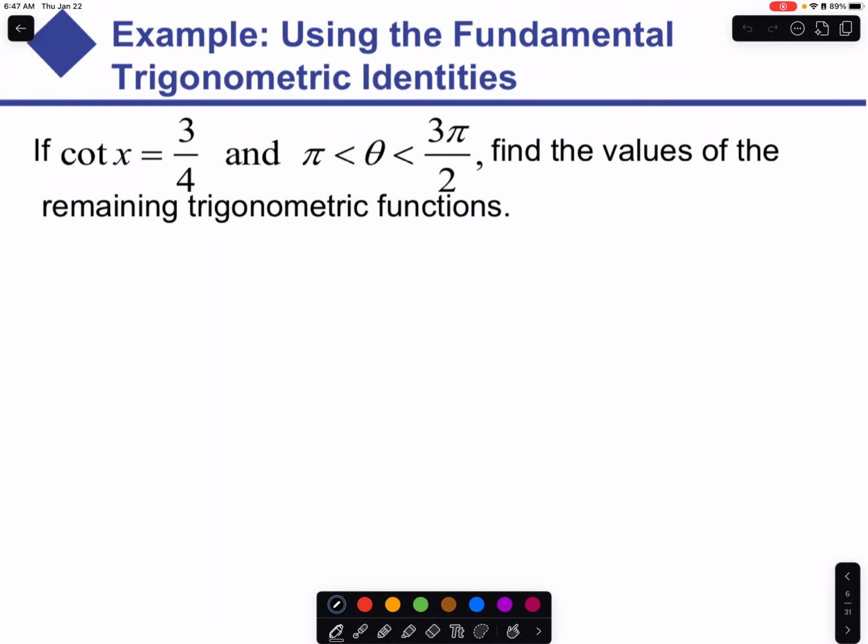Again, I like to start with sine squared x plus cosine squared x equals 1. Then we can use algebra. If we want cotangent, tan is sine over cosine, so we want cosine over sine.